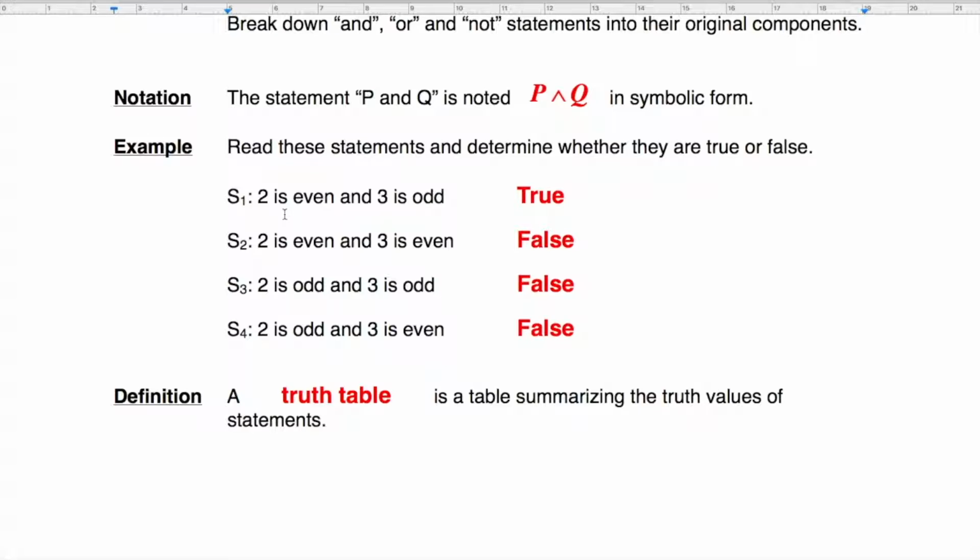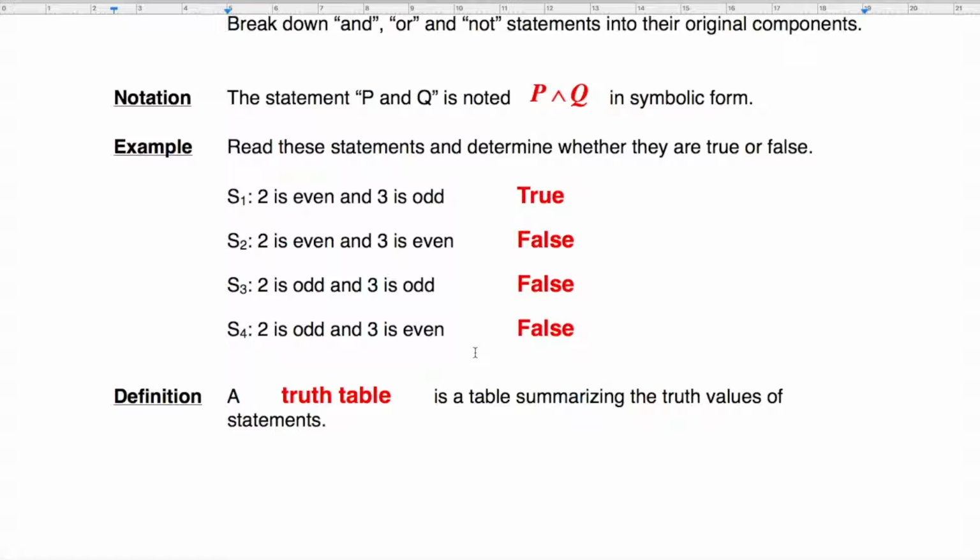If the first statement is true and the second statement is true, when we connect them with and, then the whole statement will be true. Now if the first statement is true but the second one is false, then the whole statement is always going to be false, etc. So when we want to formalize that, we usually do it with a truth table.